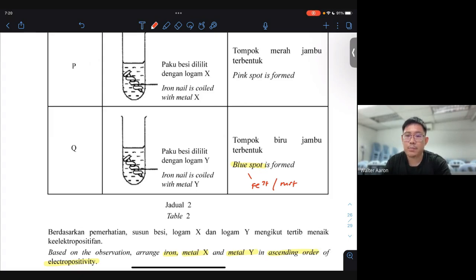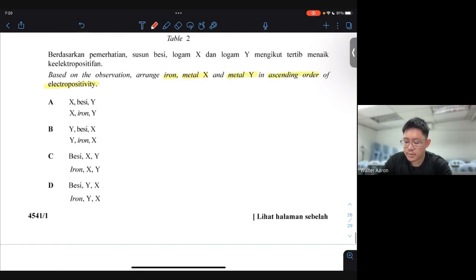So if Y cannot protect iron from rusting, it should be less electropositive compared to iron itself. So Y will be the least reactive.